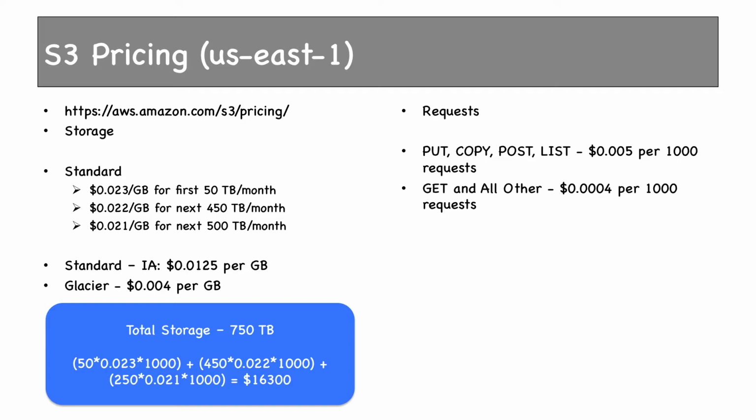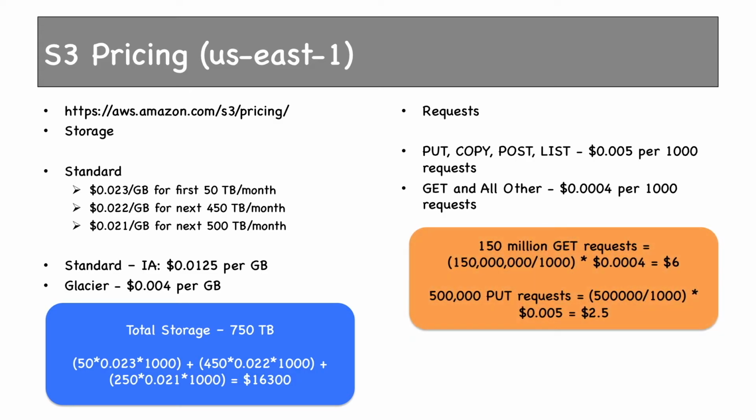For put, copy, post and list, the pricing is done at $0.005 per 1000 requests. And for get and any other request, it's $0.004 per 1000 requests. Let's say your S3 bucket is handling 150 million get requests per month and 500,000 put requests per month.